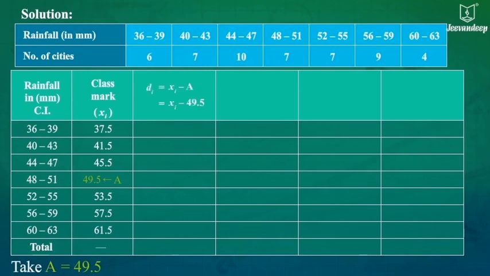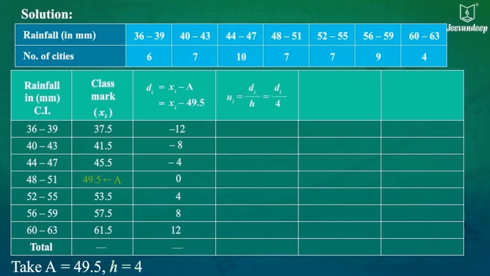In column 3, values of di, that is given by xi minus A, that is xi minus 49.5, are written. h, that is class width, equals 4.